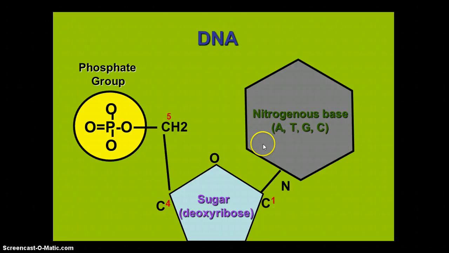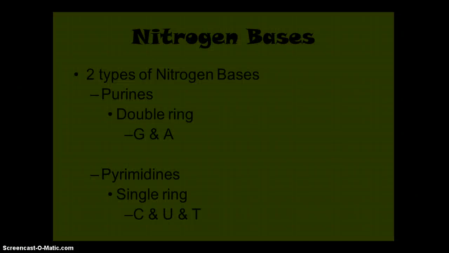If you're ever in doubt of these, there's one phrase that I like to tell my students to remember the 4 nitrogen bases: all tigers cry grr. Adenine, thymine, cytosine, guanine. A is going to bind with T, and C is going to bind with G. You should just say that now. A binds with T, C binds with G.